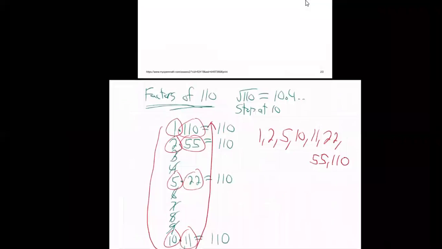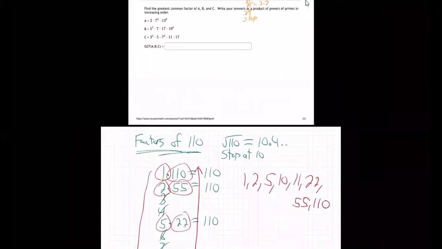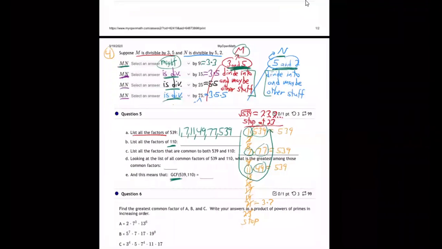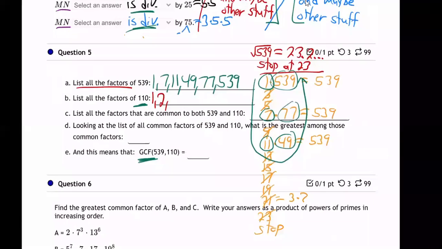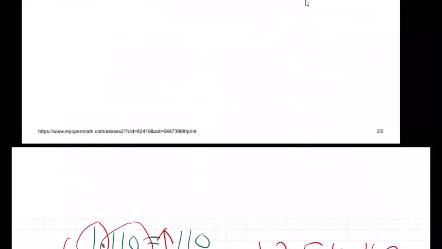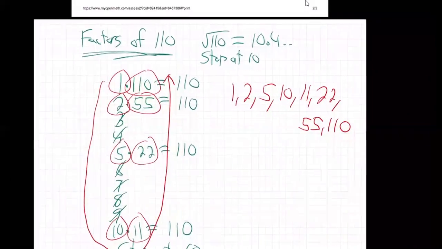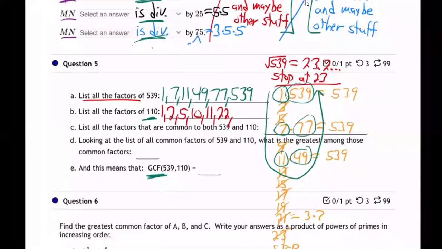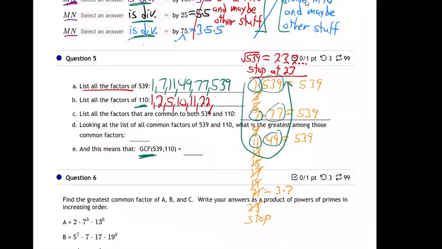Let me go up here and write this down. 1, 2, 5, 10, 11, 22, 55 and 110. Okay, that was a lot of work.